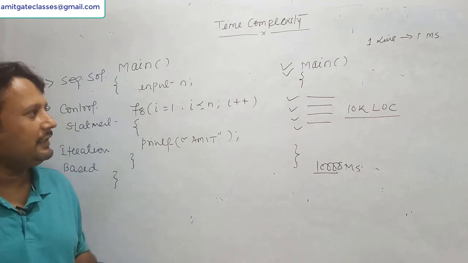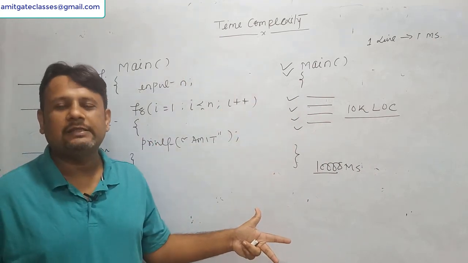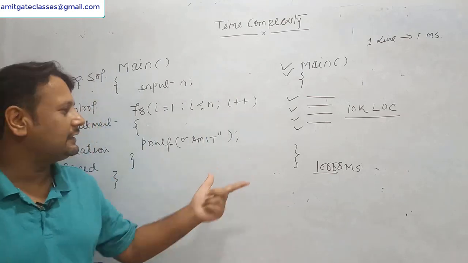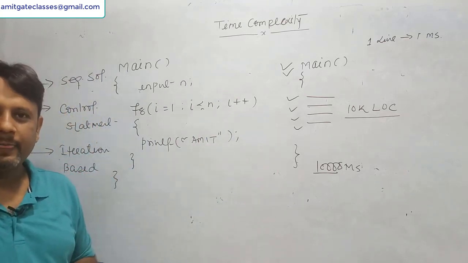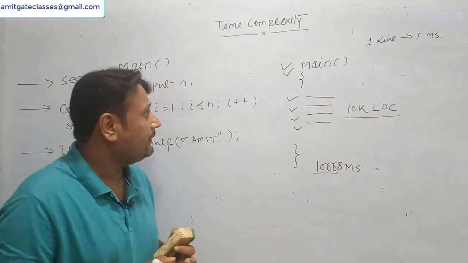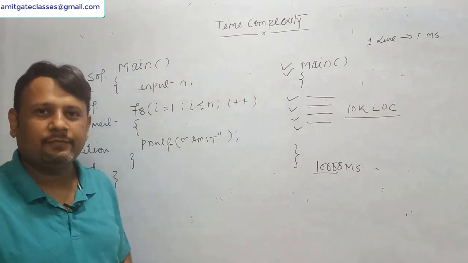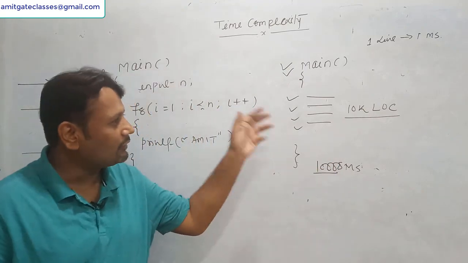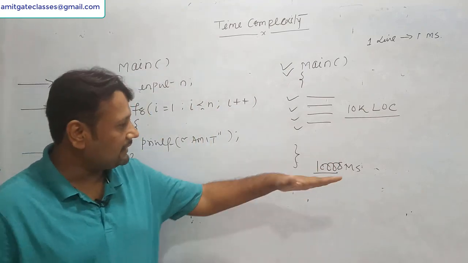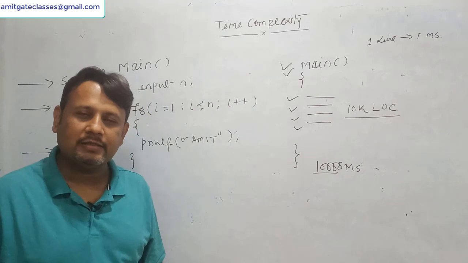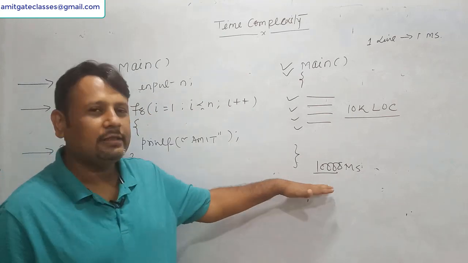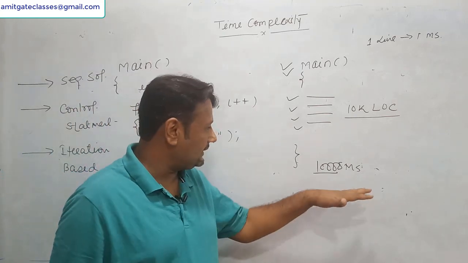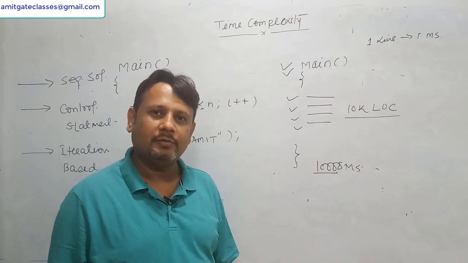What is time complexity? The amount of time your program is taking for its execution is time complexity. Now tell me one thing. If I run this program today, how much time is it going to take? 10,000 milliseconds. If I run it tomorrow, or the day after tomorrow, still 10,000 milliseconds.